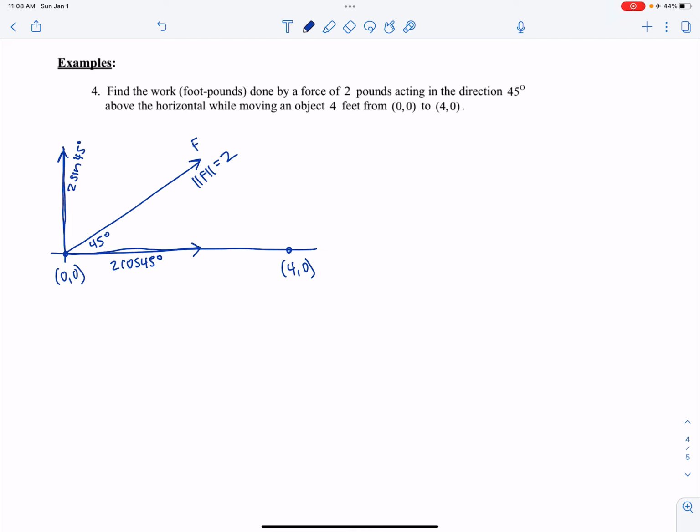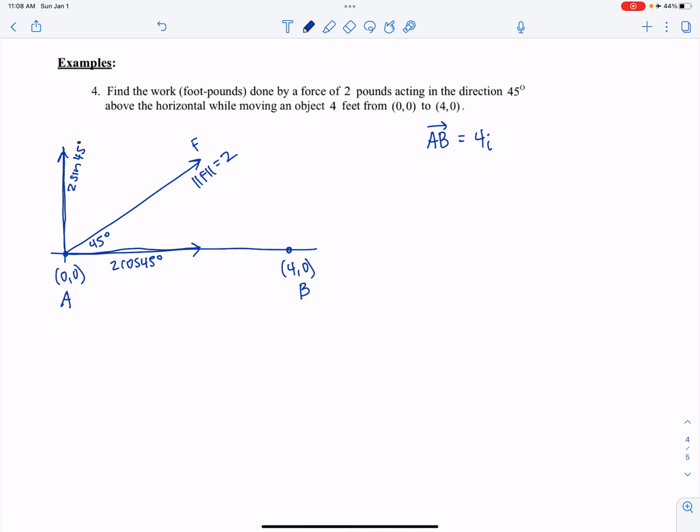So if this is A and this is B, we want to find our work, sorry. So AB, if we went from A and we stopped at B, that vector would be represented by 4i. We only moved 4 in our i direction.